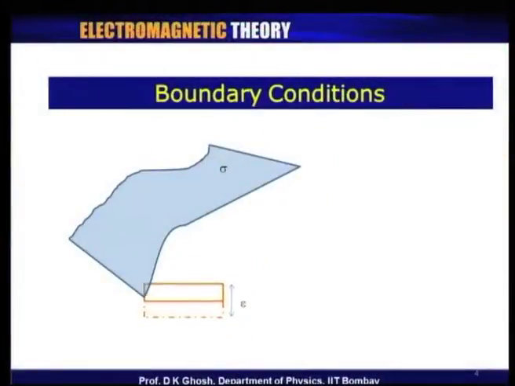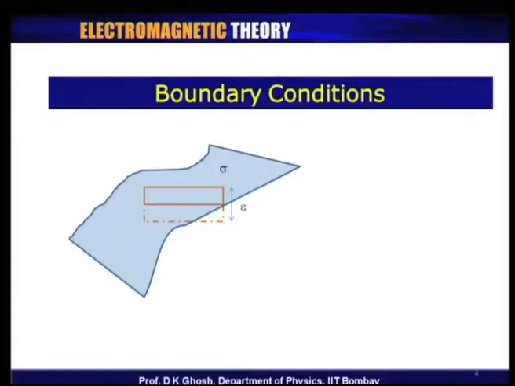This time, what I do is this: I have a rectangle. The previous case was a rectangular parallelepiped, but this is just a rectangle, and this rectangle is of width epsilon, which is again taken to be small, and length L, and I make it half above the charged surface and half below.